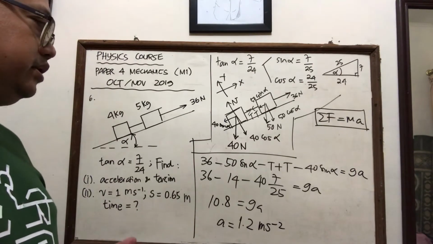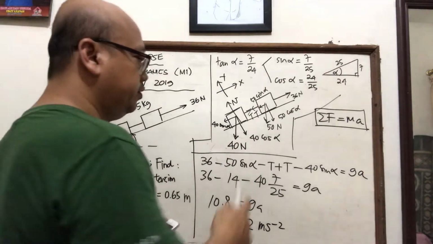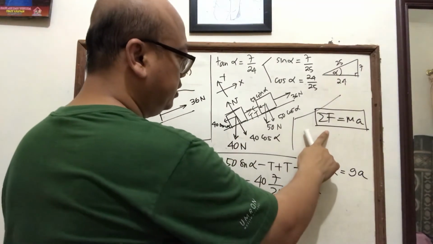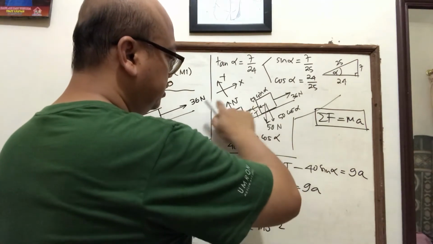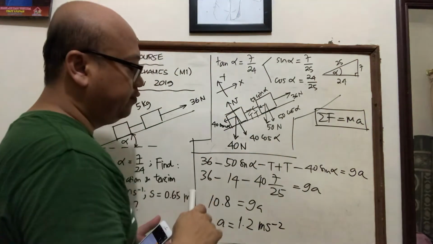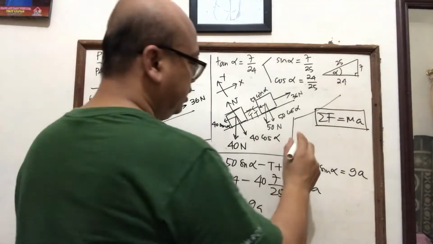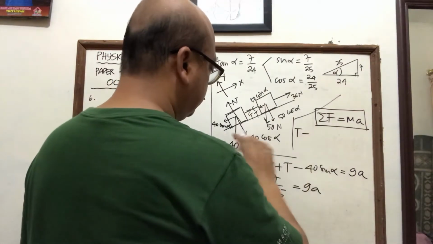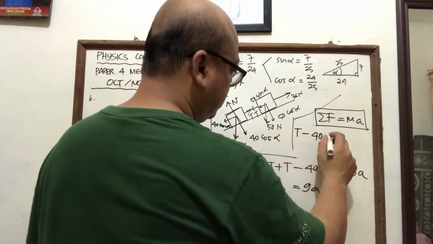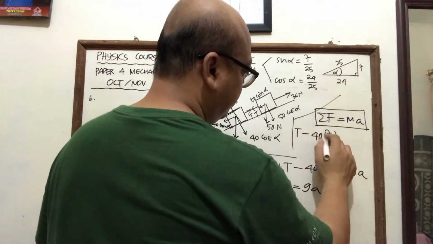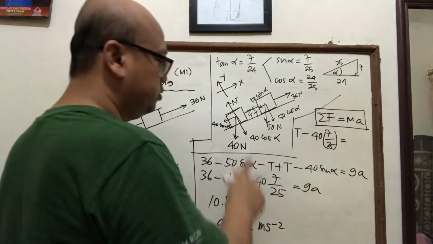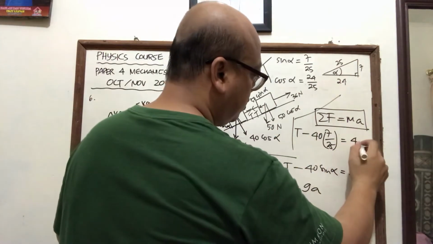So what about the tension? For the tension, we also use this formula. If we look at the object of 4 kilograms, we have tension minus 40 sine alpha, with sine alpha being 7 divided by 25, equals 4a.